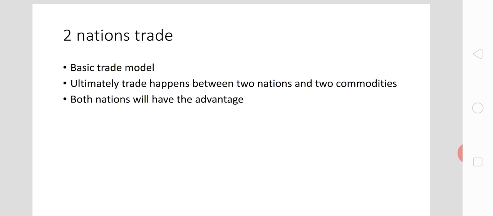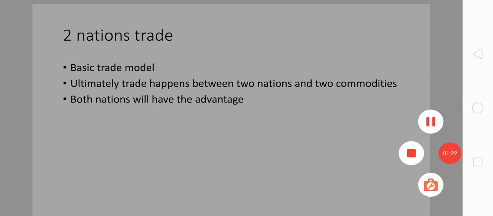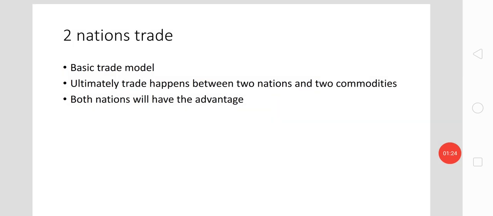At the same time, China immensely exports to India on which China has the comparative advantage. That means the trade is determined by comparative advantage. And the two nations trade model is enough to explain the basis of trade.